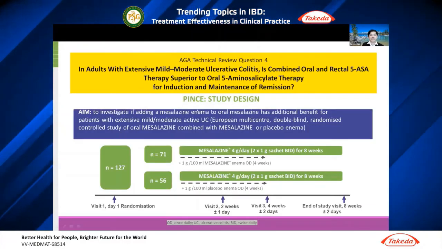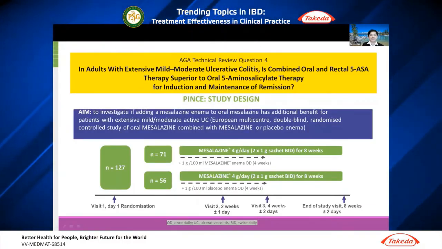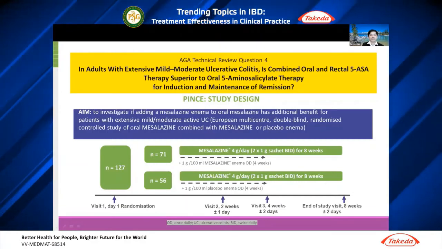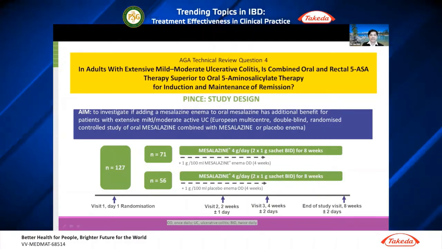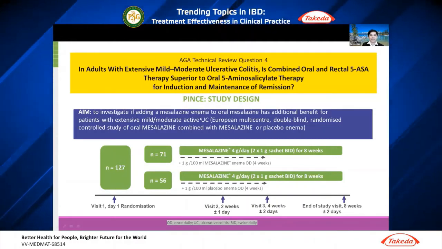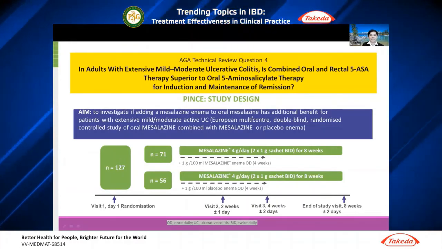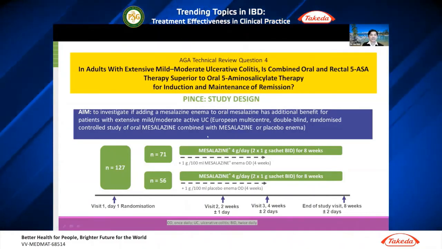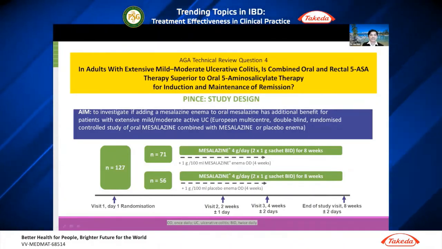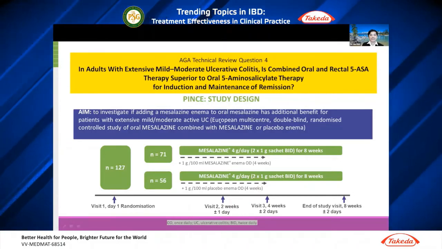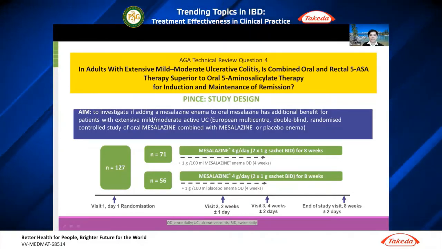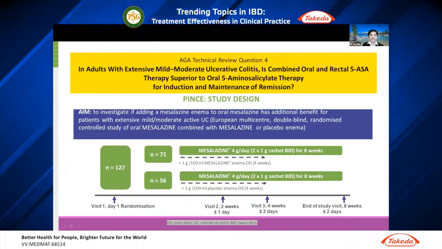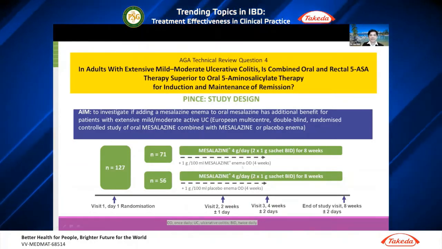So there is a study done by PINS, and it's a European multicenter double-blind randomized controlled trial, and it aimed to investigate if adding a mesalazine enema to oral mesalazine has additional benefit for patients with extensive mild to moderate active UC. So this is their protocol. So you have the mesalazine 4 grams plus a mesalazine enema.